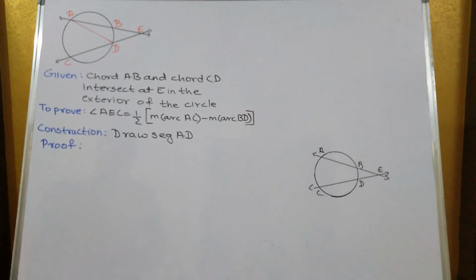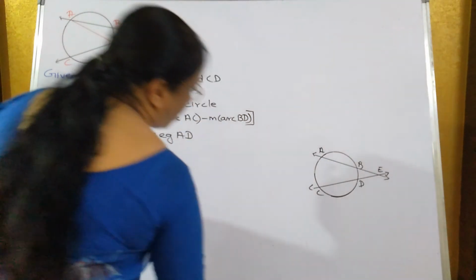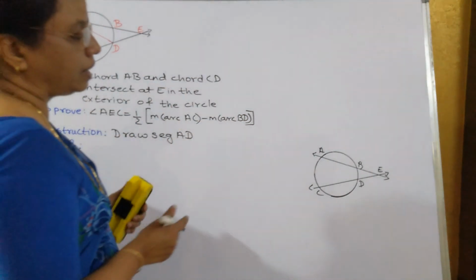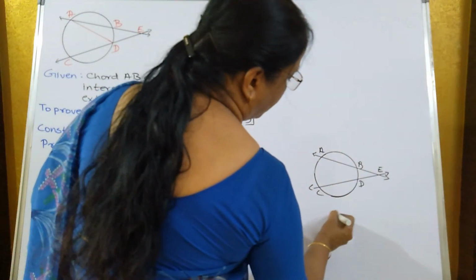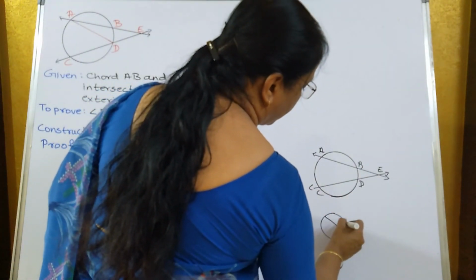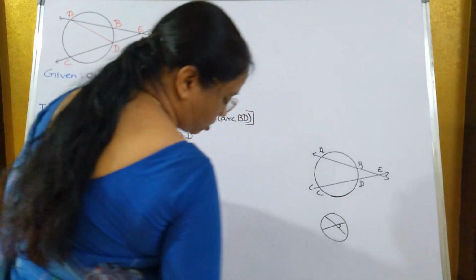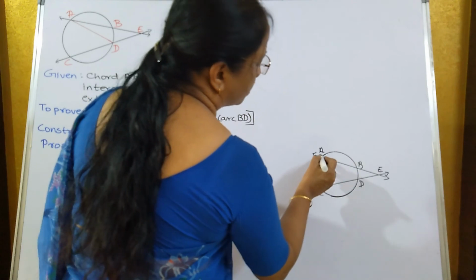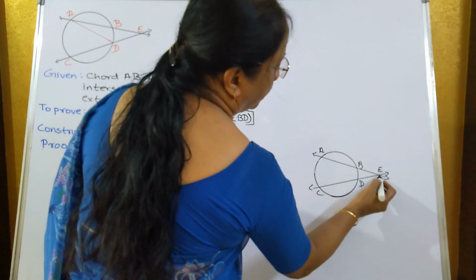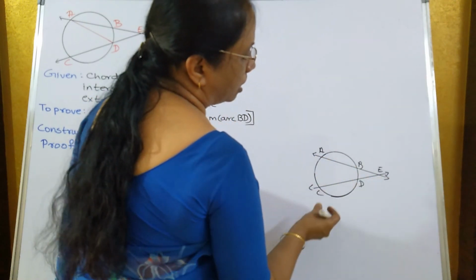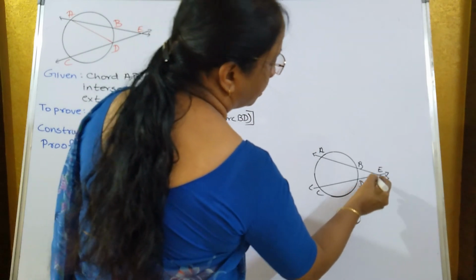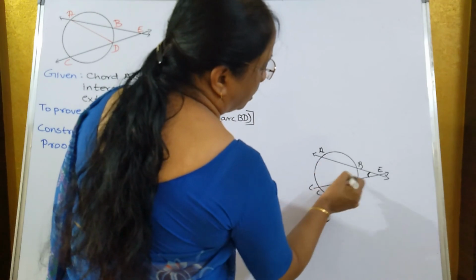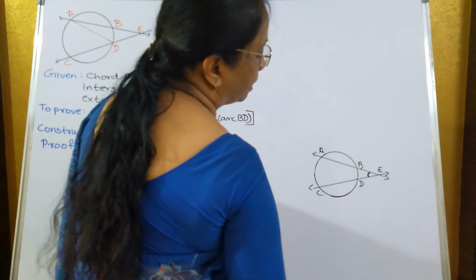Now this is a second property which you have to remember. First property we had studied: if two chords intersect internally, what is the measure of this angle? That we had studied. Now suppose the two chords AB and CD intersect externally, not internally in the circle, then this angle will be equal to this arc minus this arc divided by 2.